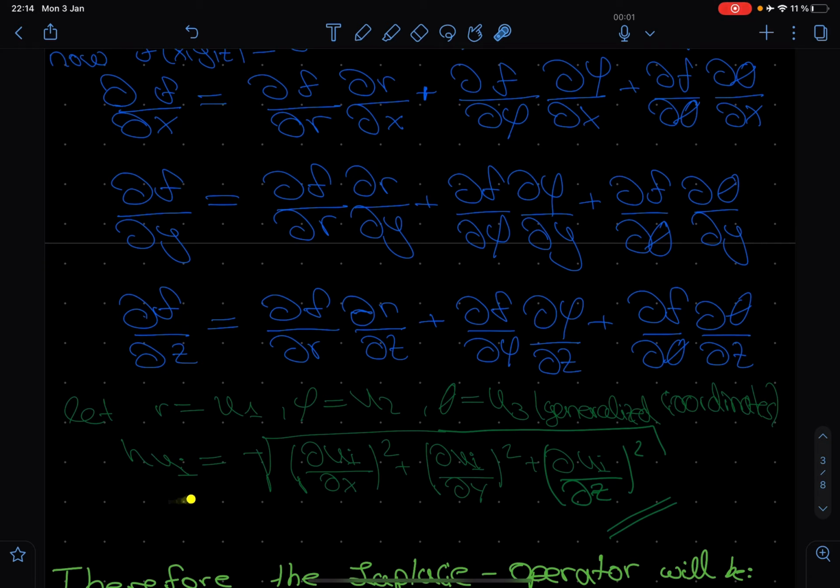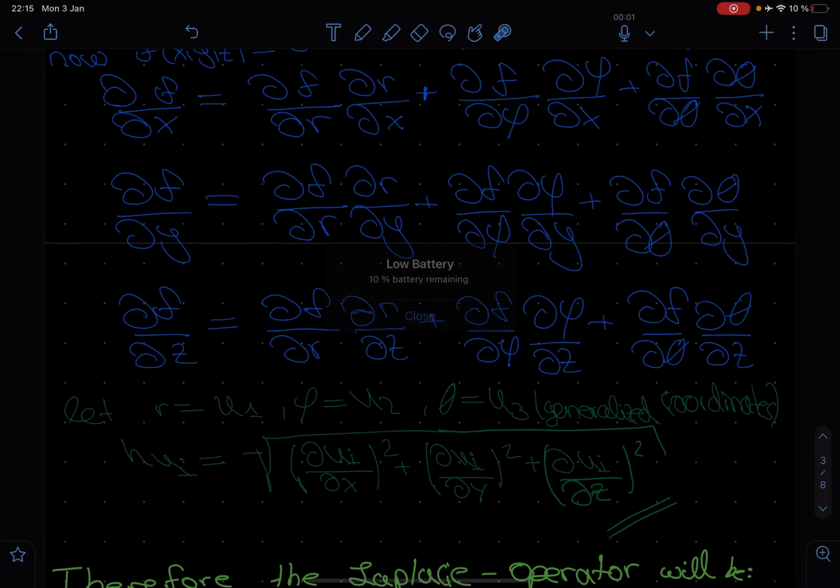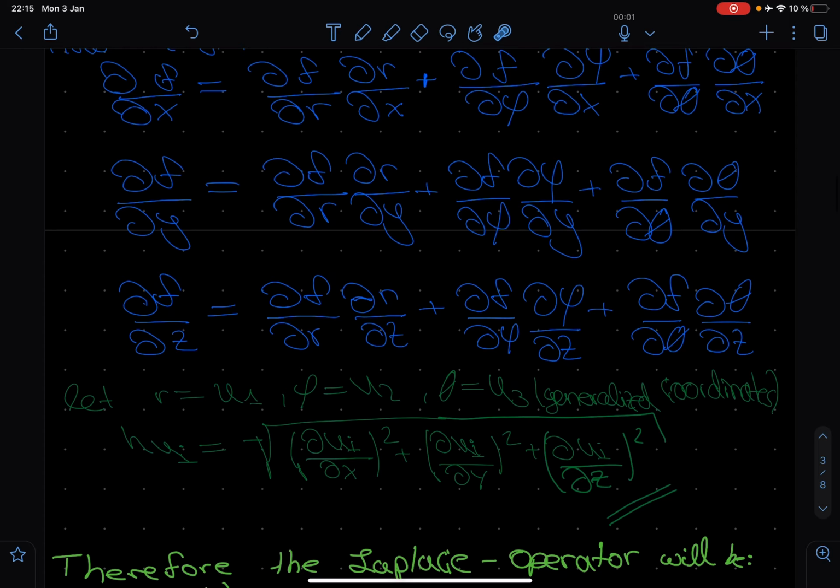And it is important to know that we will have a scale factor in between those derivatives. So that's the factor which is actually building up a connection between the derivative dx for the old base, or the standard Cartesian base in this case, and the new base. So that's the relation.